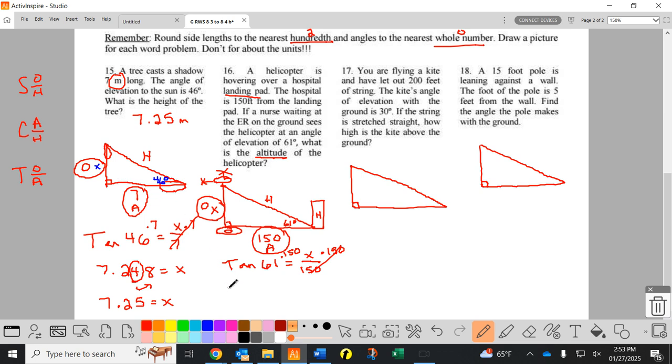That's going to make it 270.607 equals X. I've got a 0 with a 7 behind it, so that rounds the 0 up to a 1. It's going to be 270.61 equals X, and the unit was feet. That's how high up in the air the helicopter is at that moment.